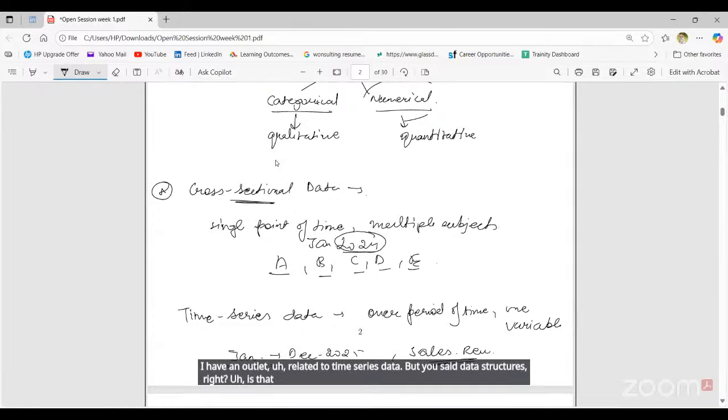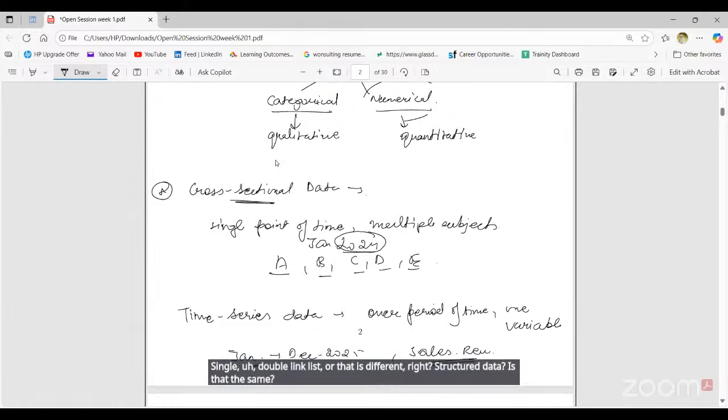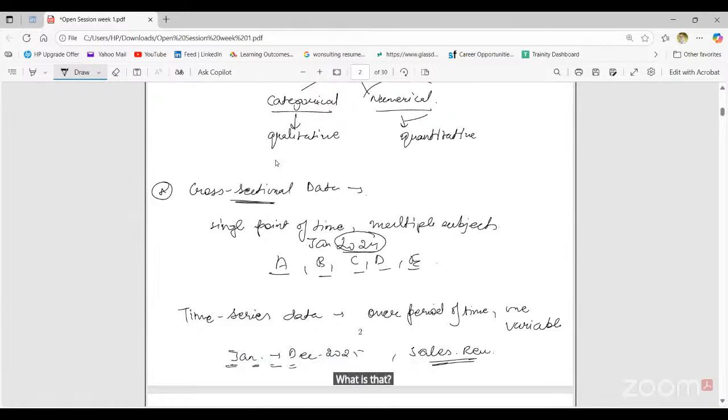Is that different from what we read, like linked lists, single and double linked lists? Is structured data the same as the data structures we refer to in programming languages? No, that's a different thing.